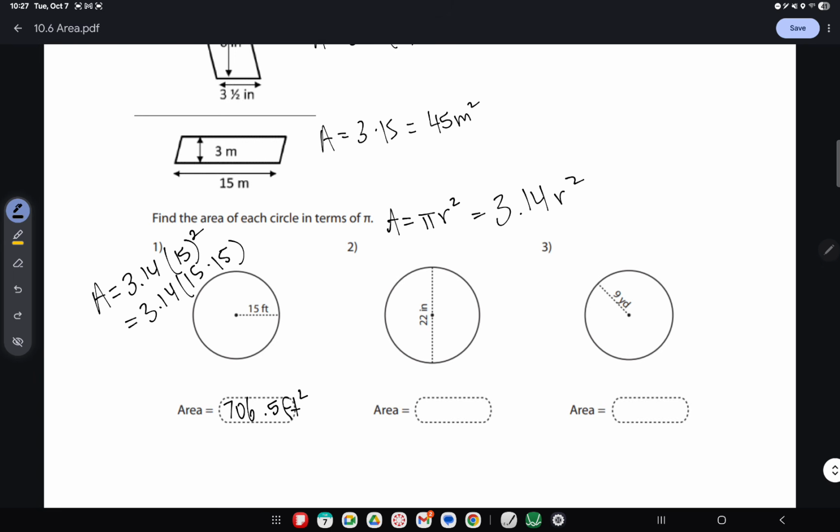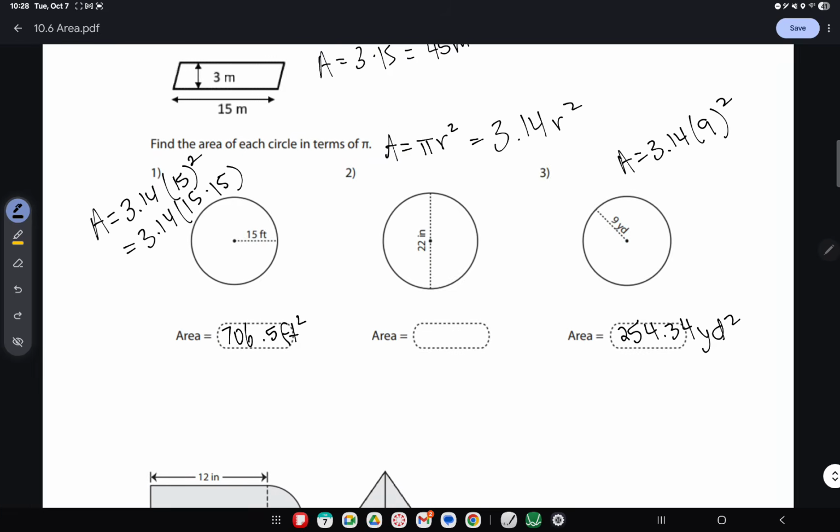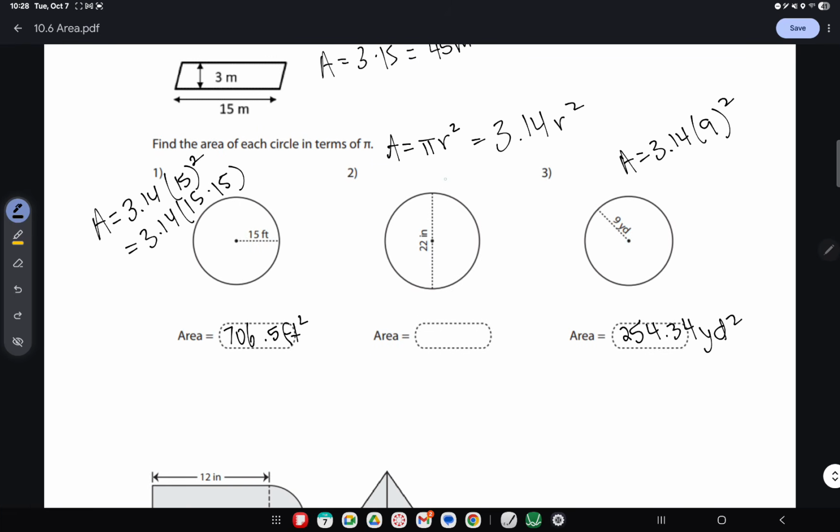I'm going to skip to the third one. So we've got area is 3.14 times 9 squared. So 3.14 times 9 times 9 gives me 254.34 yards squared. And coming back to the second one here, because I have a diameter here.